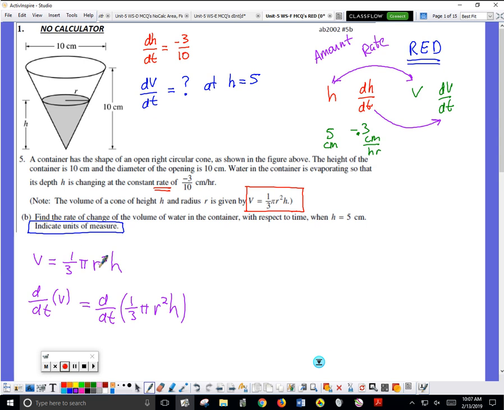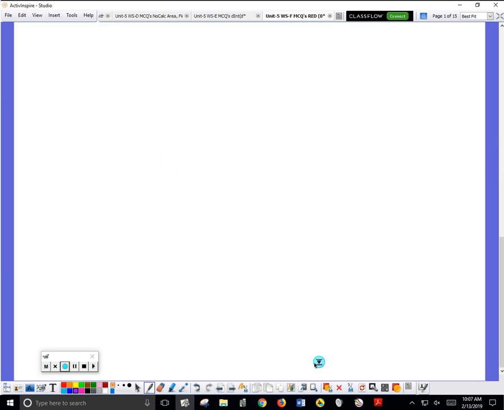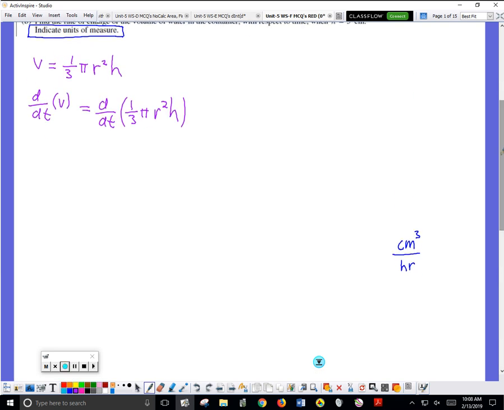Okay. We need to find this derivative. It's not new. So first thing I'm going to notice is 1/3 pi is a constant. So I just pull that out. So this side is just written as dv over dt. Here I pull out the 1/3 pi.